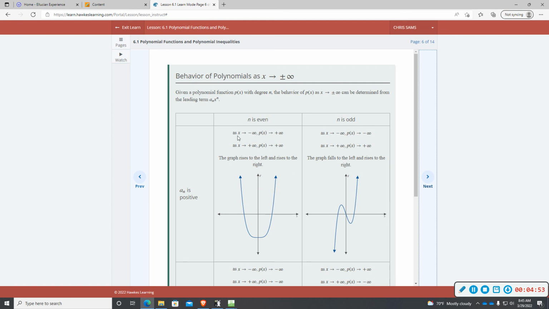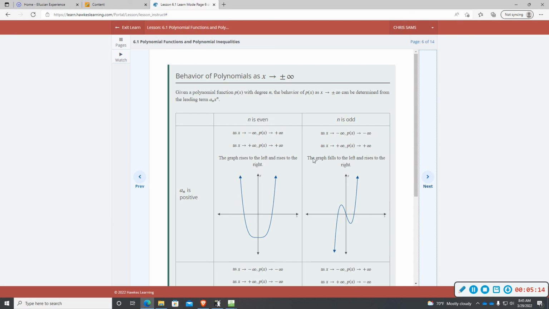So this says as x goes to negative infinity, so that means as I'm going to the left side of my graph, the y value, p of x, is going toward positive infinity. And then this says as x goes to positive infinity, as we're going to the right, our y value is still going up.